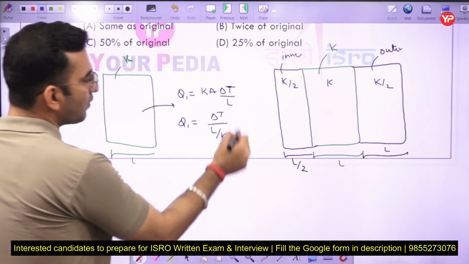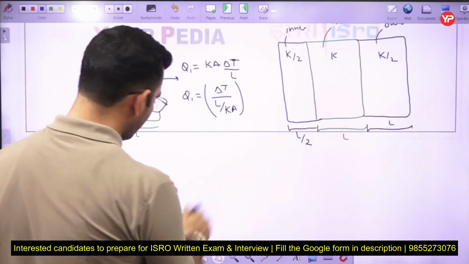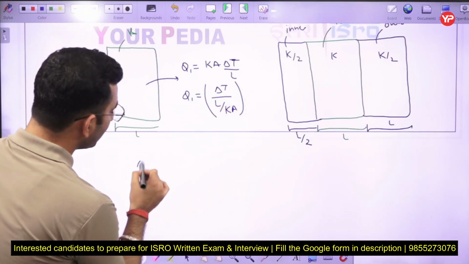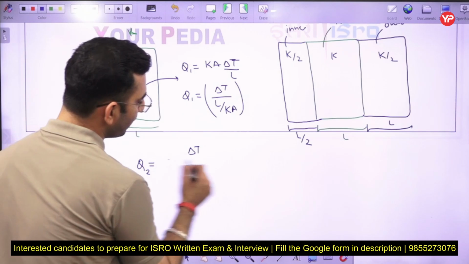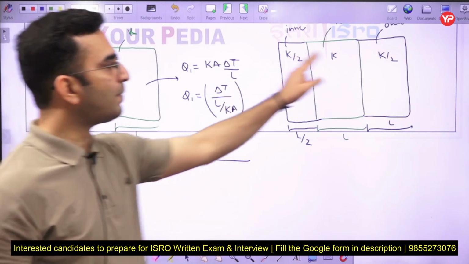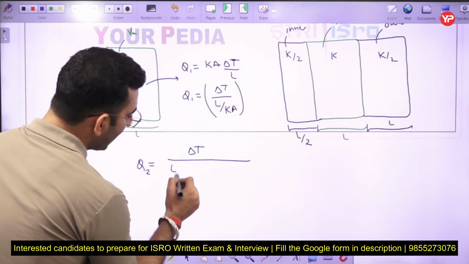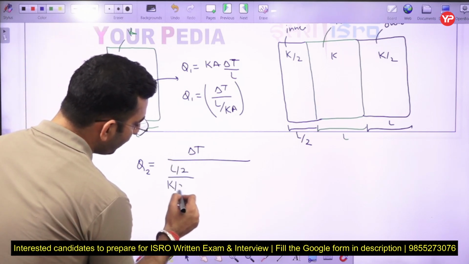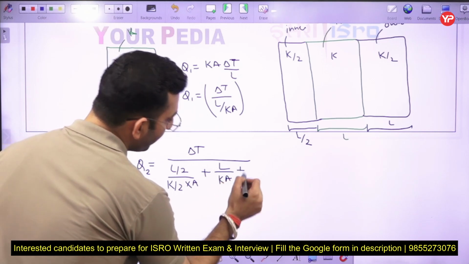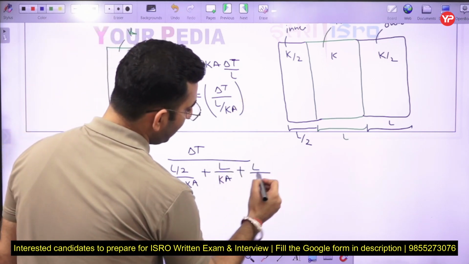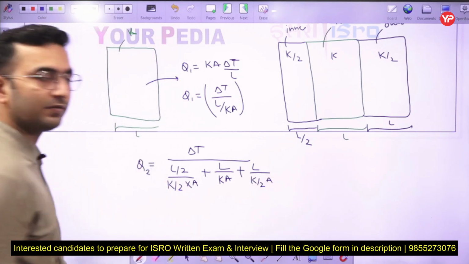In this way you can calculate the heat flow in the first wall. Now in the second case, Q2 is going to be equal to delta T, assuming the same temperature difference is maintained across the wall, divided by (L by 2)/(K by 2 times area) plus L by Ka plus L by (K by 2 times area).